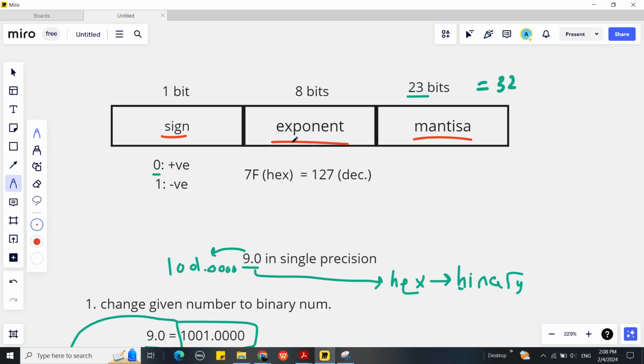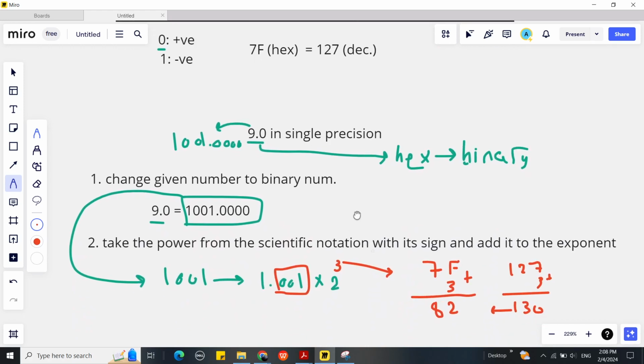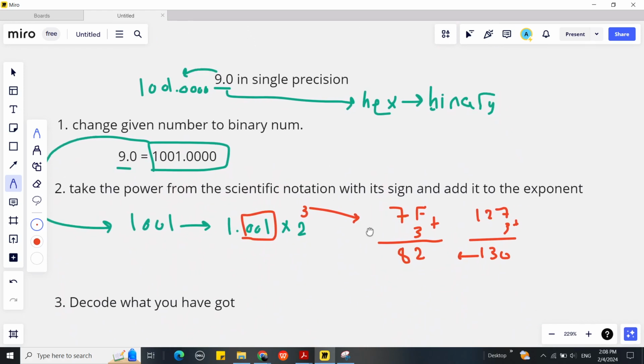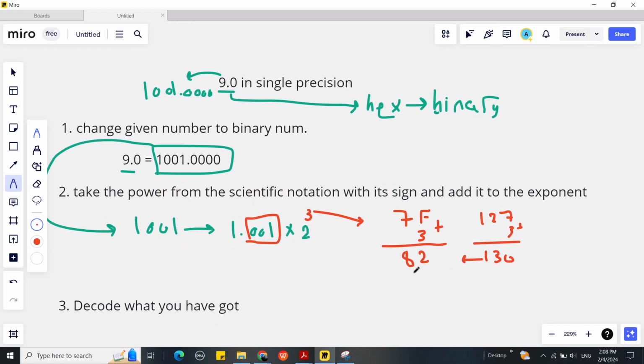And the exponent is not going to be just 7F. The exponent is going to be 7F plus the power we took from the scientific notation, which gives 82. I'm going to break this into 1000 and 0010, so the 8 is 1000 and the 2 is 0010. And then the mantissa, which is going to be 001.